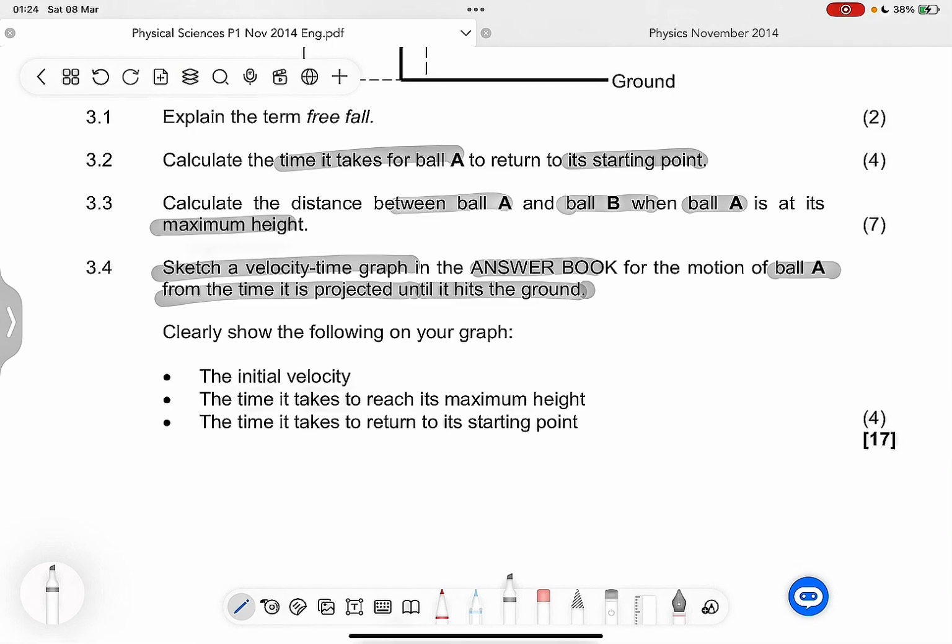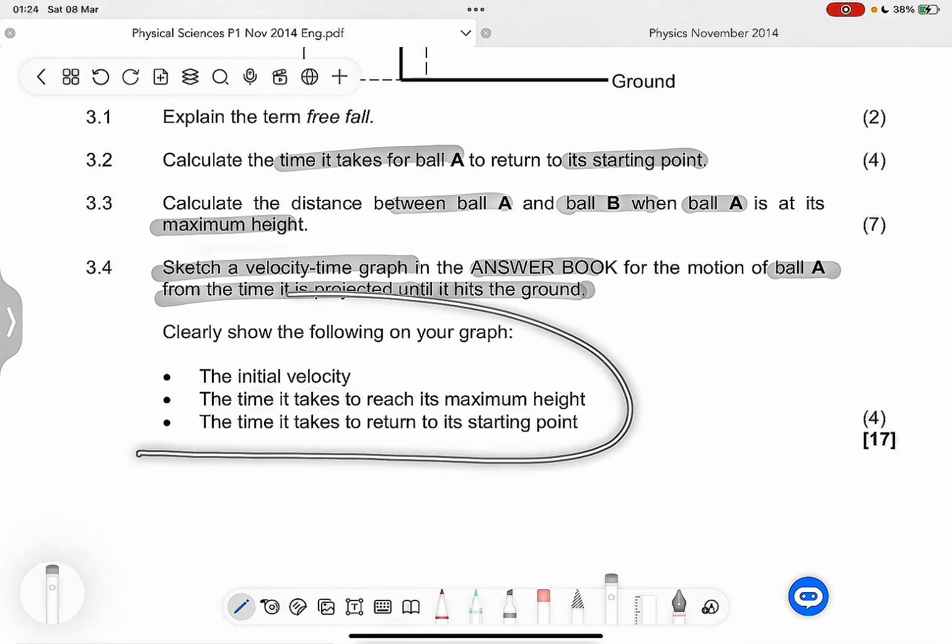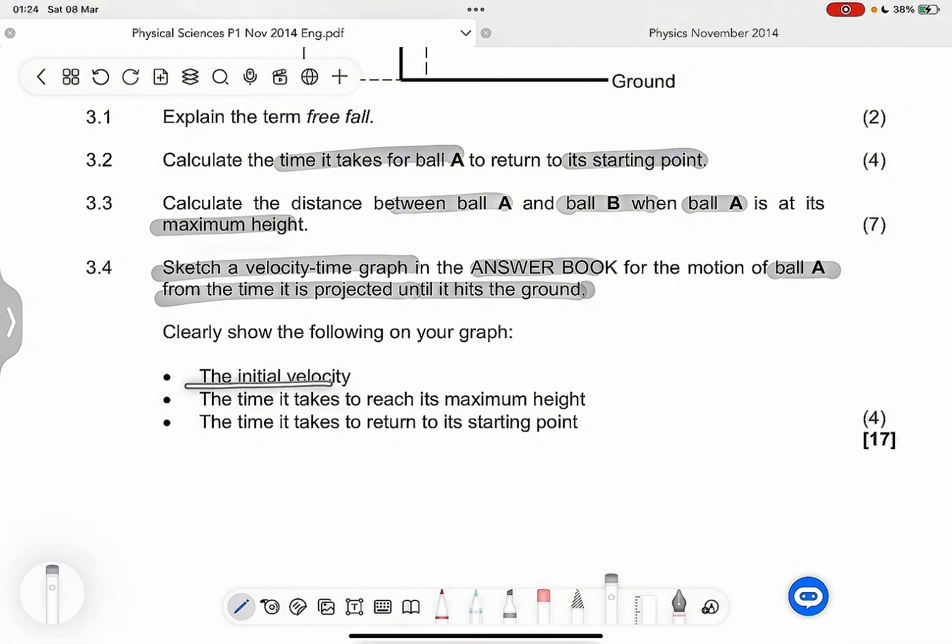Now they say to us to clearly show the flow in the graph. This is a very important instruction because this is what they're going to mark. You really have to show what they ask you here. On our graph, we should see the initial velocity, the time it takes to reach the maximum height, and the time it takes to return to the starting point.